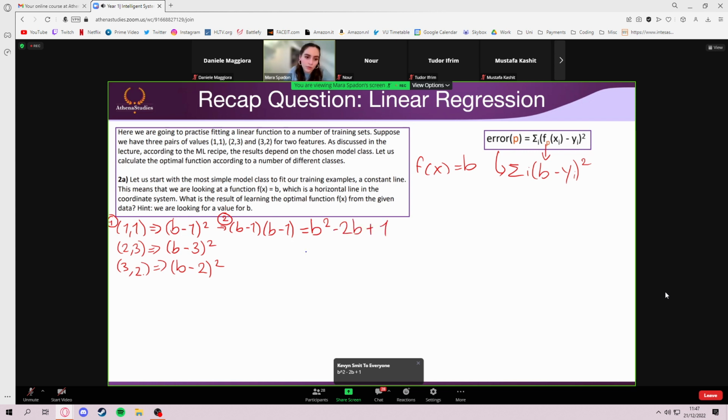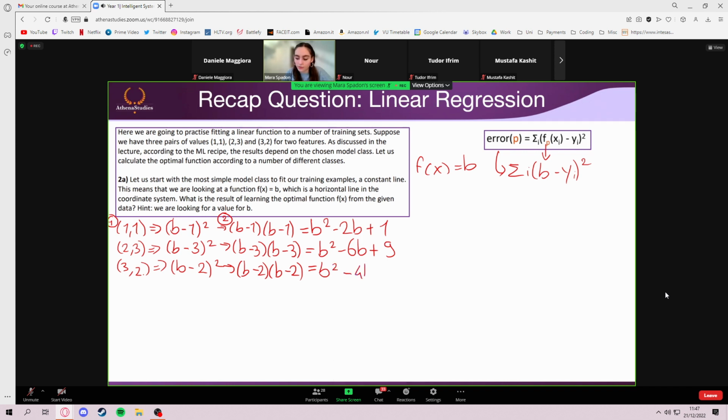We're going to do that for every single one of these such that we can sum them up. So for the second one, what would I get? b minus 3 times b minus 3. Exactly, plus 9.